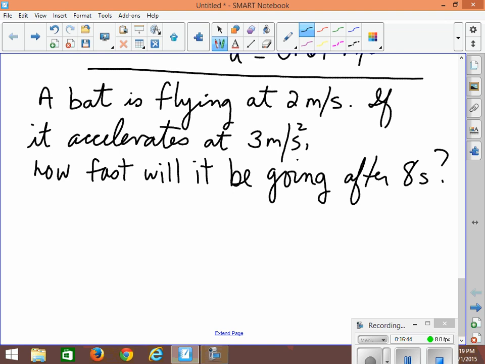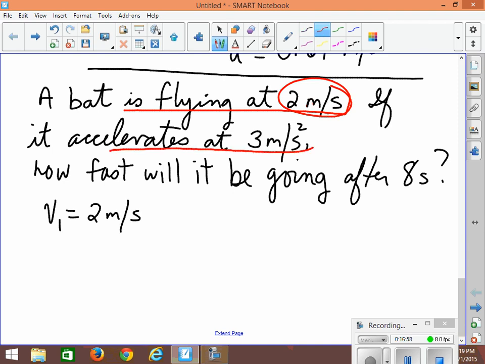So there's our question. So we read the question, and we see that the bat is flying at 2 meters per second. That's telling us our V1. It's beginning at 2 meters per second, the initial velocity. Then we read a little further, and it's telling us that it's accelerating, and this time it's telling us how much. So that's an A, and that is 3 meters per second squared.